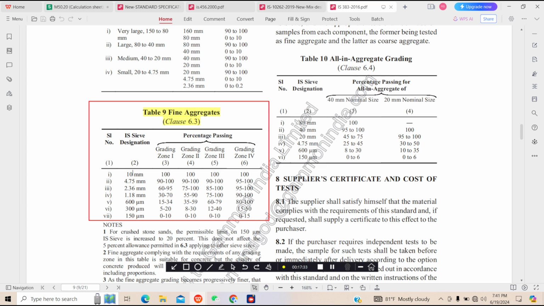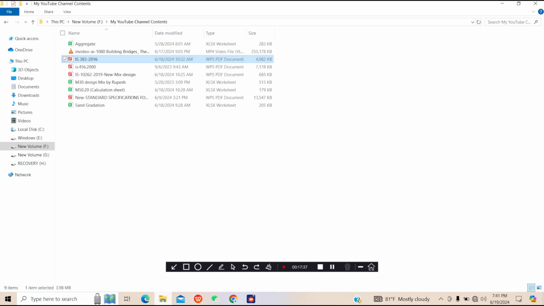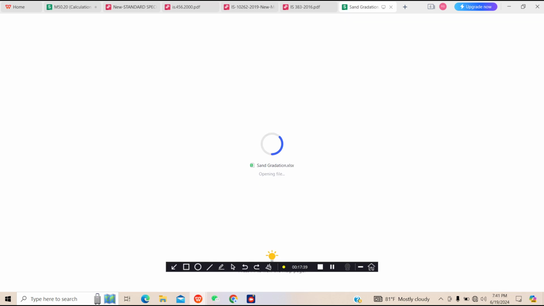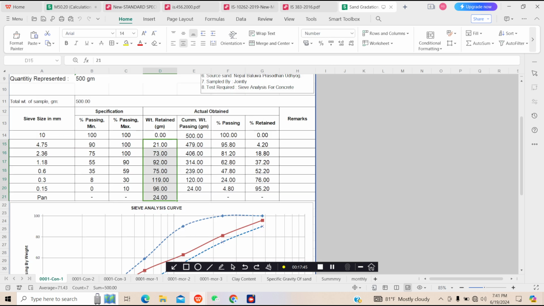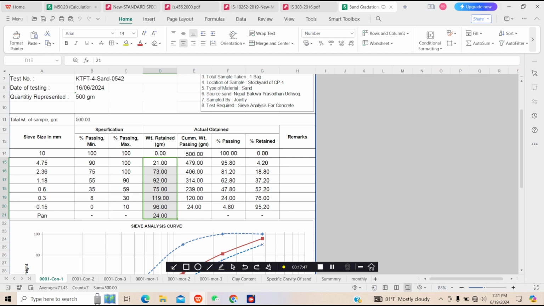I will show you the sieve analysis test data sheet that we have taken in our lab. Here is the sieve analysis data record for the sand. The percentage passing is here. This lies in this envelope.